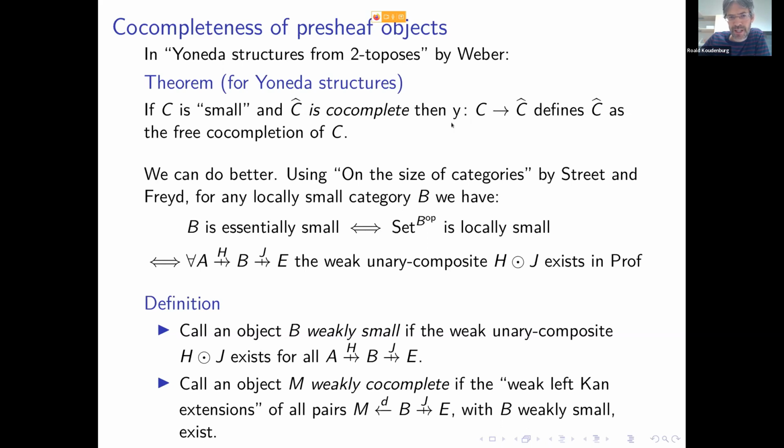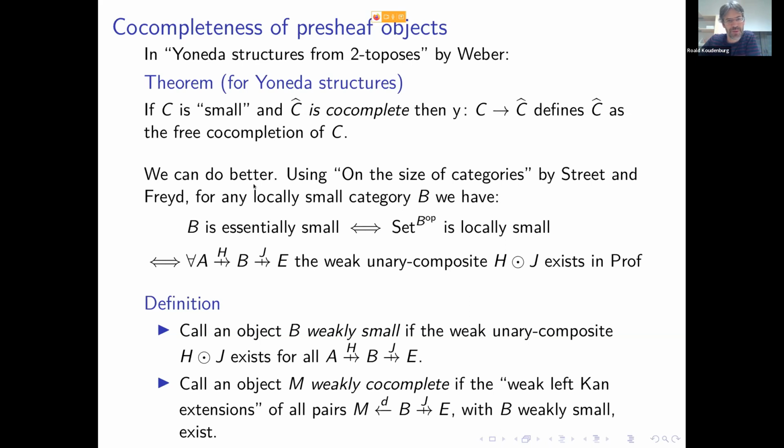If we have a formal Yoneda embedding in a Yoneda structure, Y from C into C hat, and C is small, that means that both C and C hat are admissible, and C hat is co-complete, then Y defines C hat as the free co-completion of C. The thing that's a bit funny here is that you need to assume that C hat is co-complete for it to be the free co-completion of C. So we can improve on that a bit by choosing the right notion of smallness and also of co-completeness.